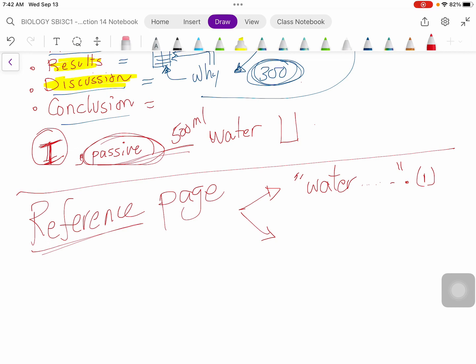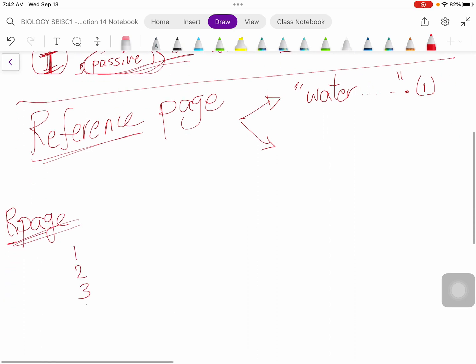And here in the reference page, you are numbering your references 1, 2, 3, 4, 5, and so on. And this number 1 refers to that number. Cool?